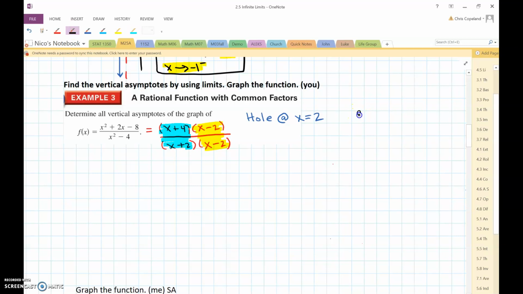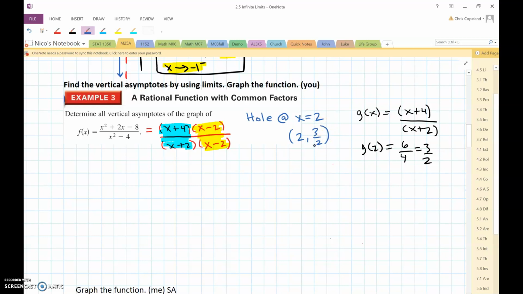So the reduced function would be x plus 4 all over x plus 2. If I plug 2 into that function, it's going to be 6 over 4, which is 3/2. So now we know we have a hole at (2, 3/2).